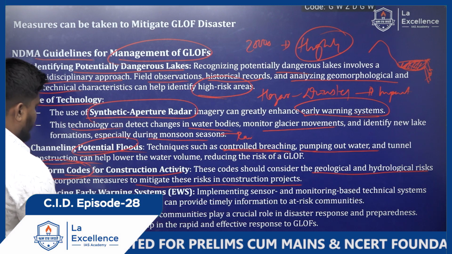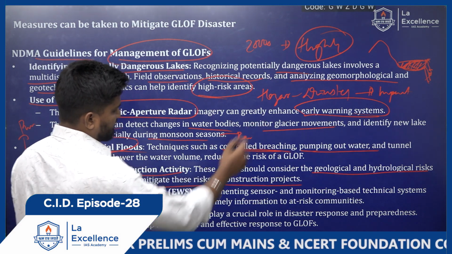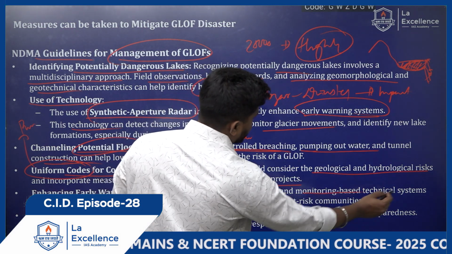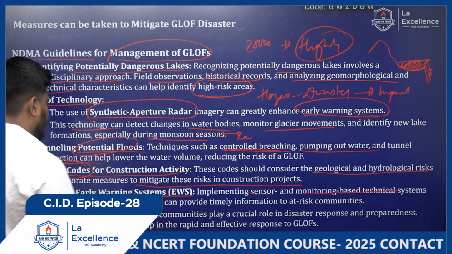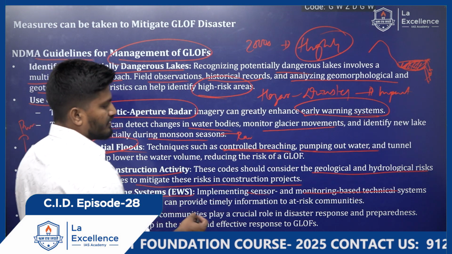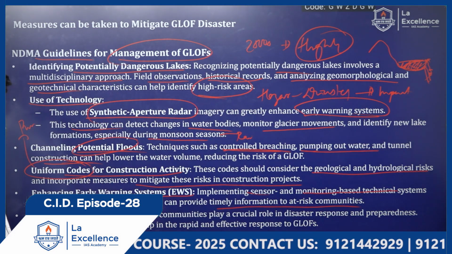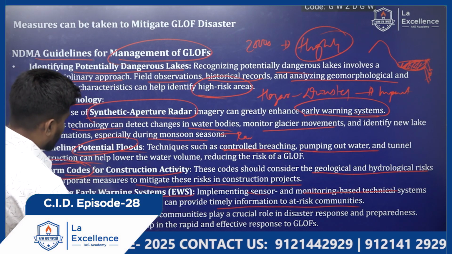And then we have to enhance early warning systems with the use of technologies such as implementing sensors and monitoring based technical systems. For GLOF, early warning is vital, so it can provide timely information to at-risk communities. And then comes training the local manpower.